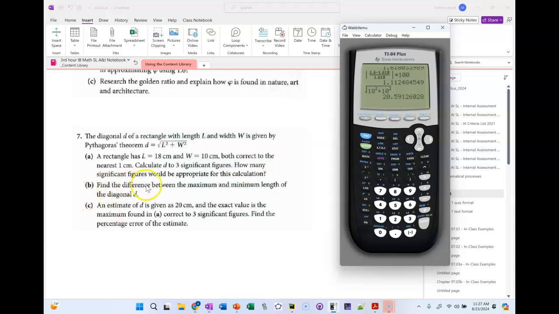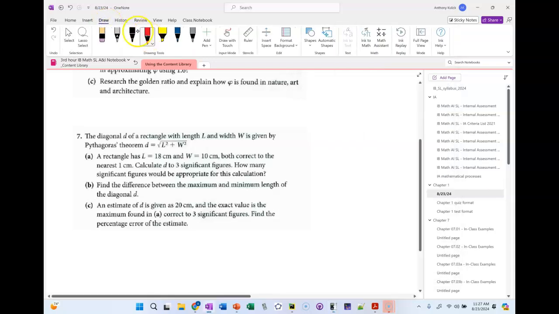It says find the difference between the maximum and minimum length of the diagonal D. So this is a little tricky here. To do that, I would want to write a range for L, and then a range for W. Is that okay there?